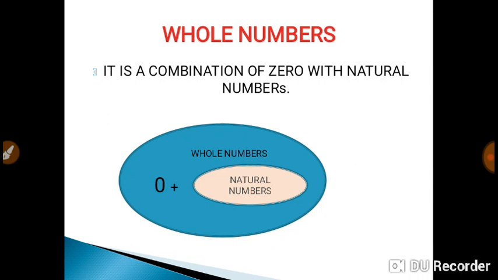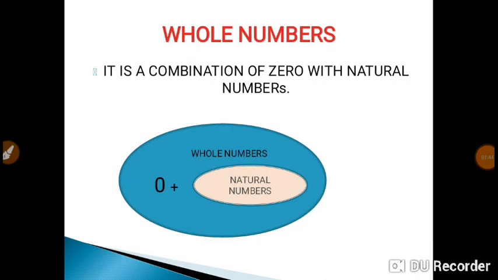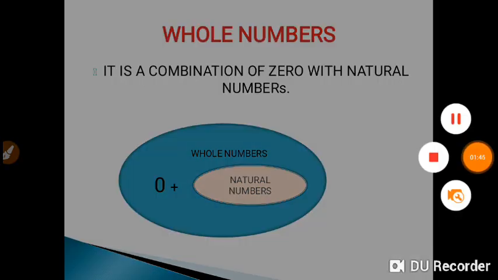So when 0 is added to the set of natural numbers, a new set of numbers is formed, which is known as whole numbers. So whole numbers is a combination of 0 with natural numbers. Here you can see that the whole numbers are represented by a set of natural numbers plus 0.